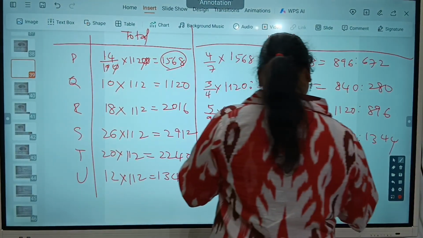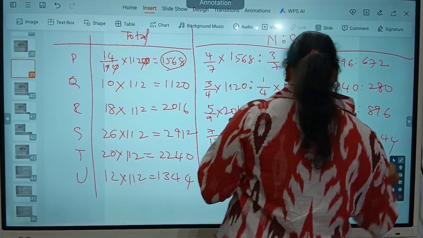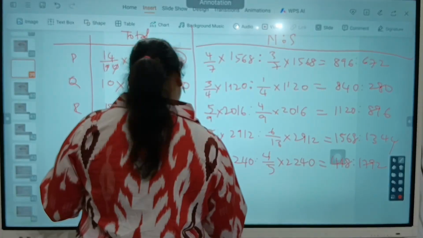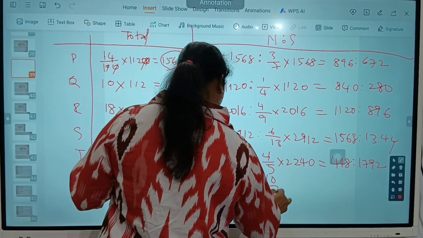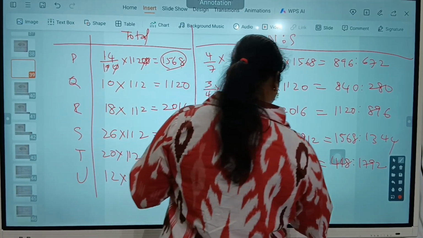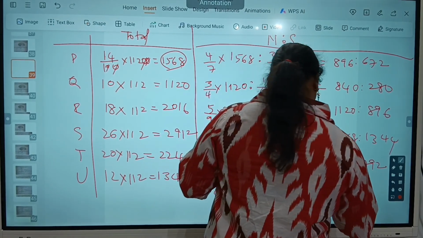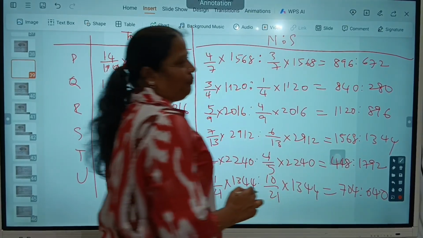Okay, this is nothing but 448 is to 1792. And again the sixth case, 11 by 21 into 1344 is to 10 by 21 into 1344. This is nothing but 704 is to 640. Okay.